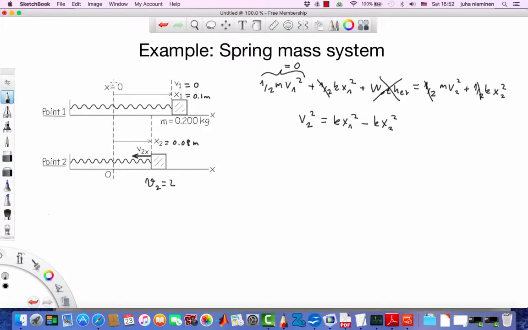So this means that we cannot select the x equals 0 arbitrarily like we do in the case of a gravitational potential energy, but we have to define the x equals 0 where the spring is unstretched. That is because at that point the elastic potential energy is 0 because x is 0.